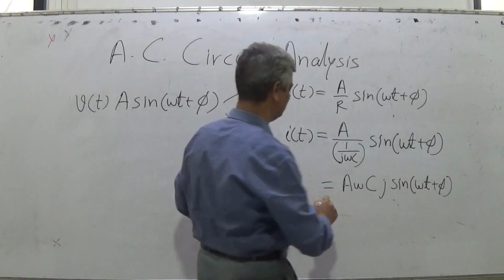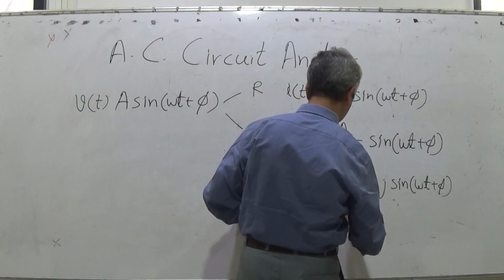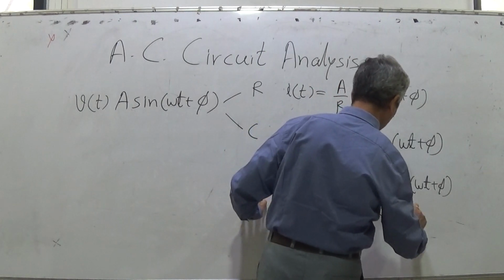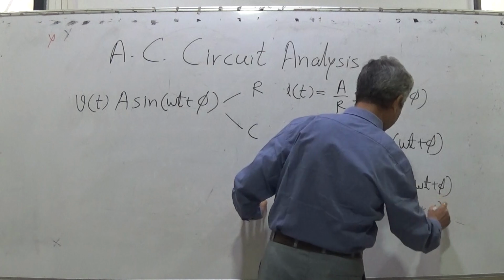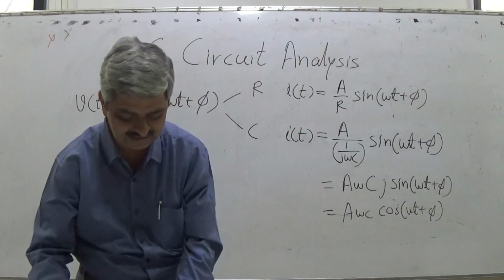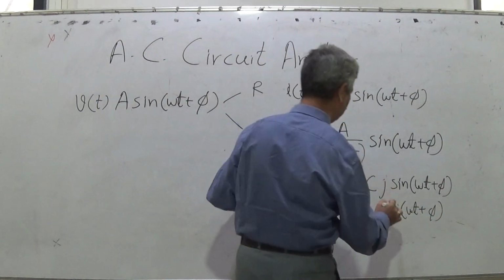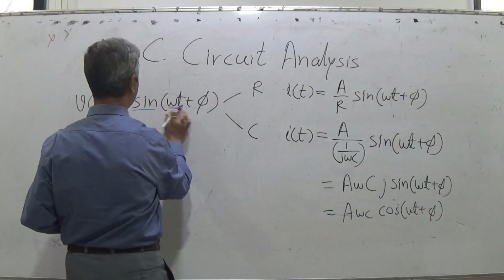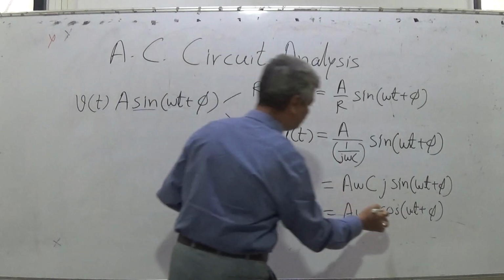So j sine is cos, that is A omega C cos omega t plus phi. So there is a phase shift of 90 degrees between voltage sine and this is cosine.